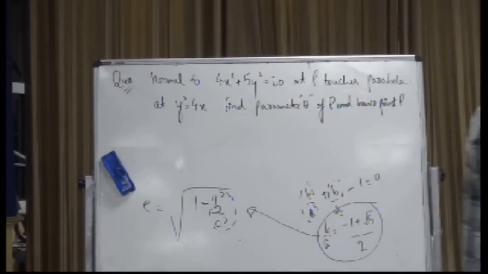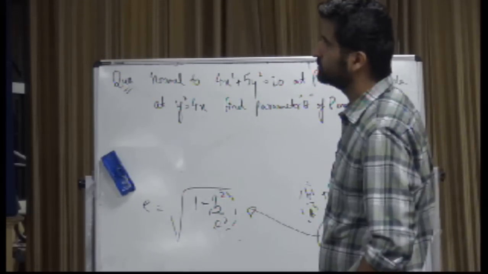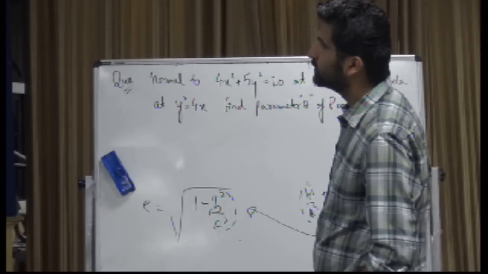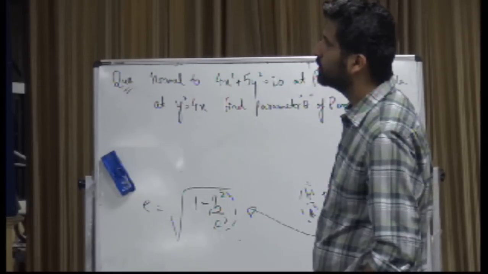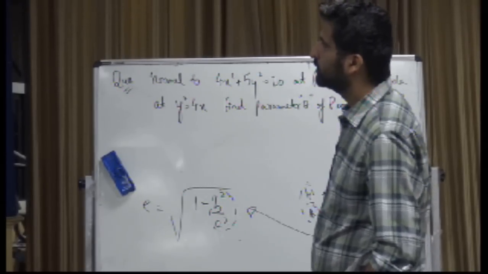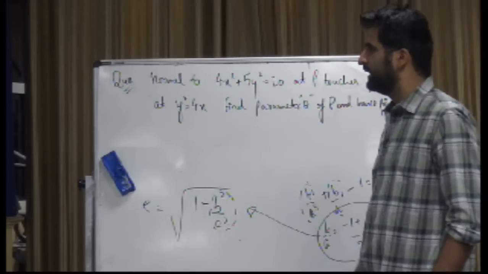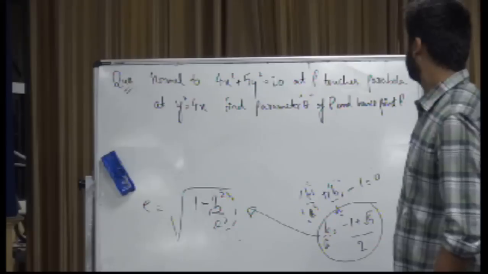Question. Coordinate of a comma 0. What coordinate?